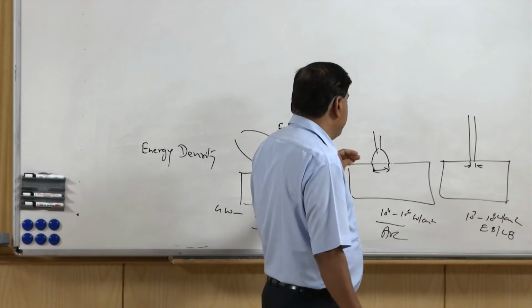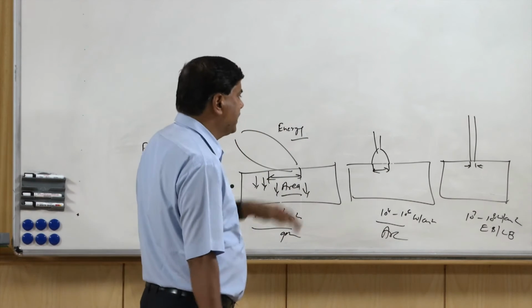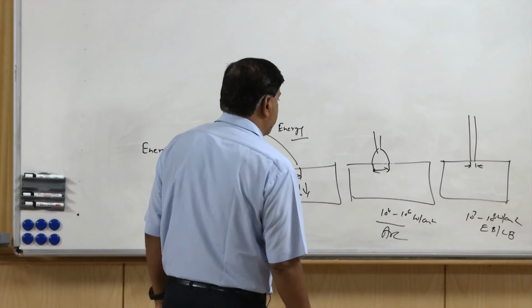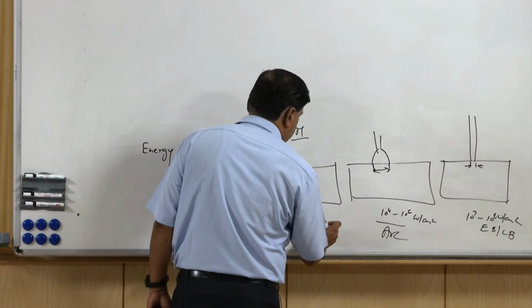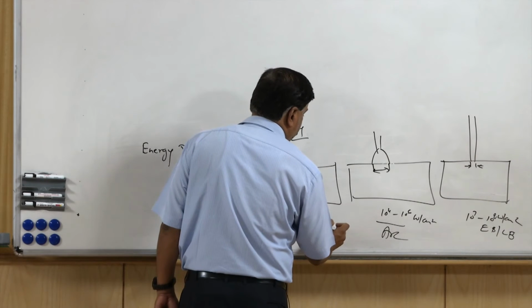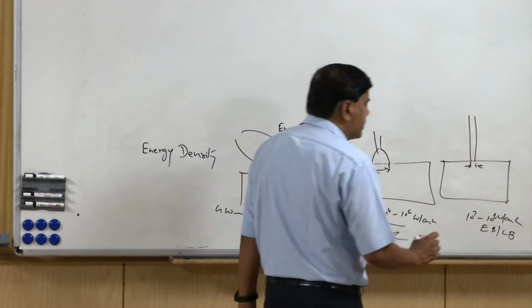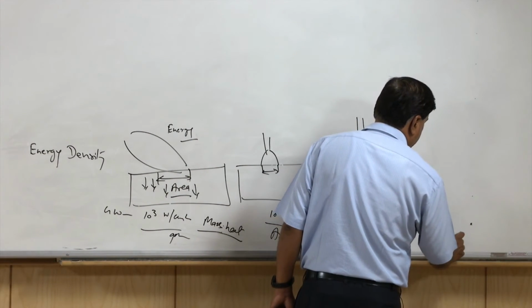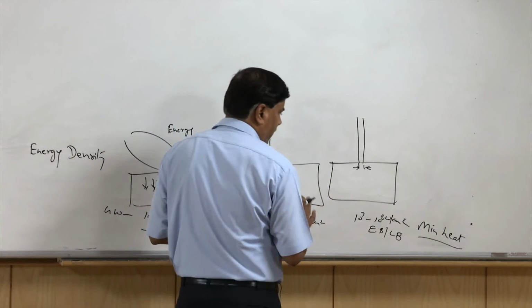So the amount of heat to be delivered for fusion keeps on decreasing with increasing power density or energy density. So this will require the maximum amount of heat for fusion, and this will require the minimum amount of heat for fusion, and in between it will be the arc.